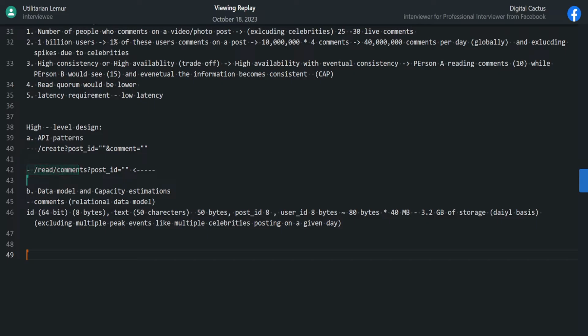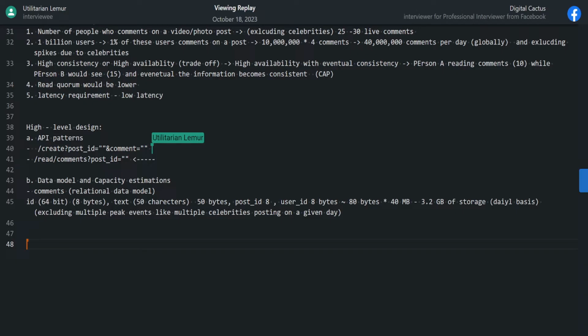Yeah. So is this REST API or GraphQL or gRPC? A simple REST API is pretty much what I'm going with right now.